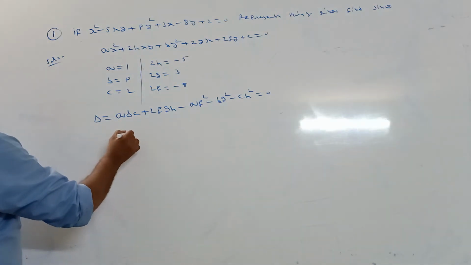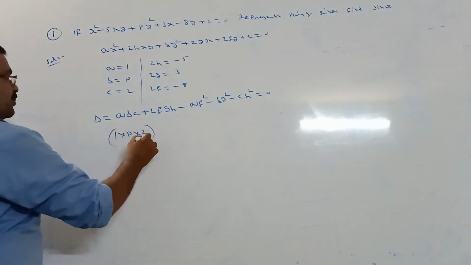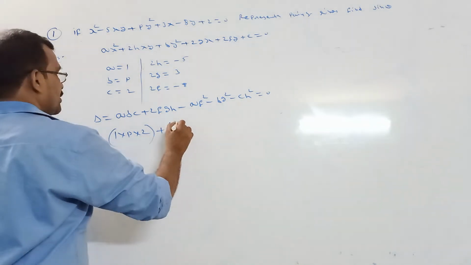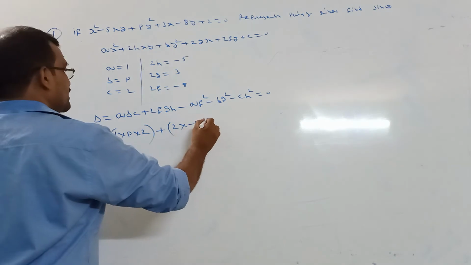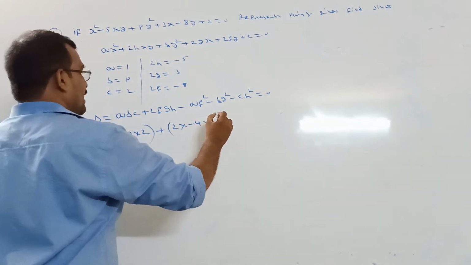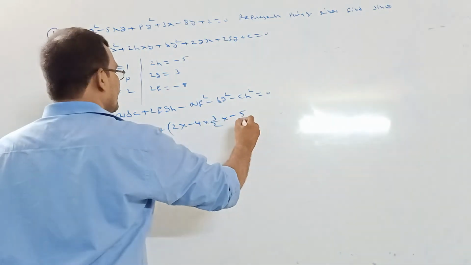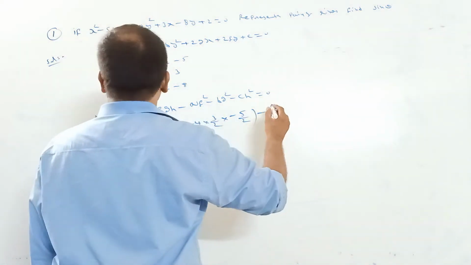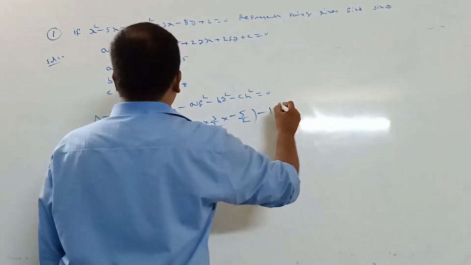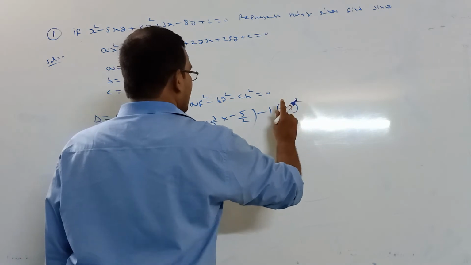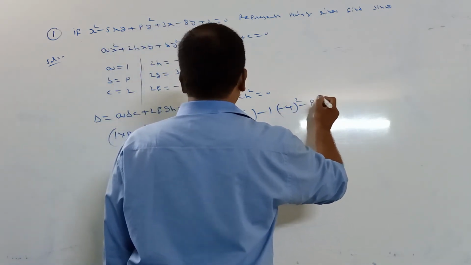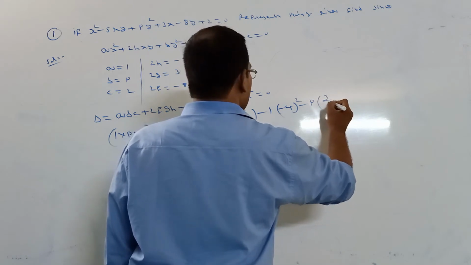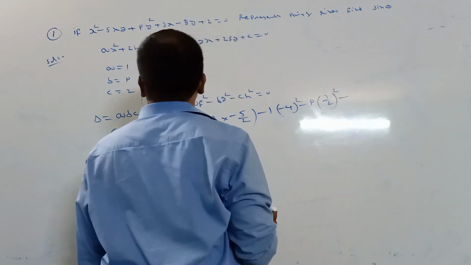A is 1, b is p, c is 2, f is minus 4, g is 3 by 2 and h is minus 5 by 2, with af square, bg square, ch square.